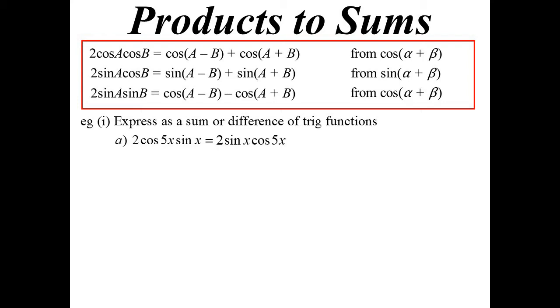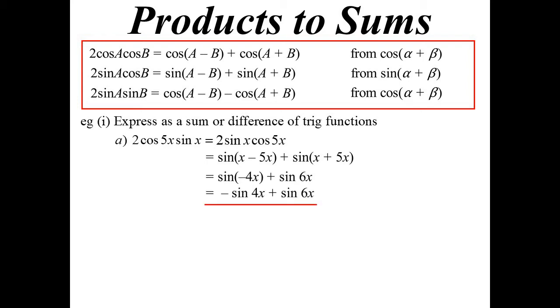So sine cos must have come from the sine formula. The way I've written mine is they all start with the minus. The order is important, so I'll go x minus 5x, and then in the other one x plus 5x. Sine of negative 4x, I suppose we could leave it like that, but sine's an odd function, so I could rewrite that as minus sine 4x plus sine 6x.